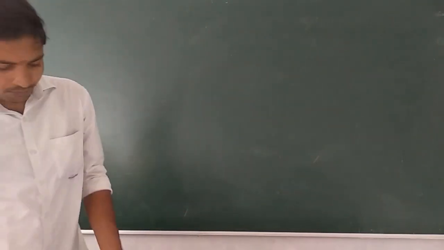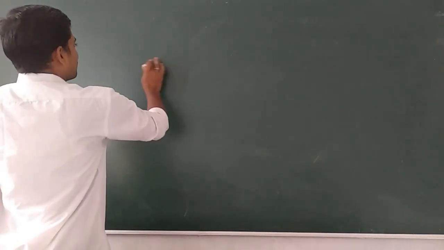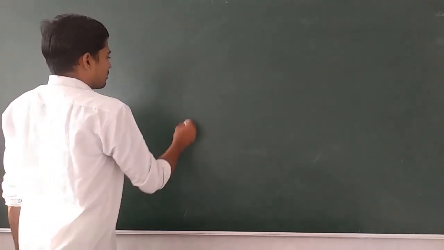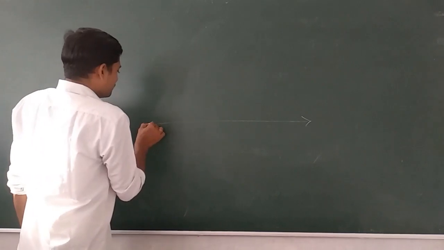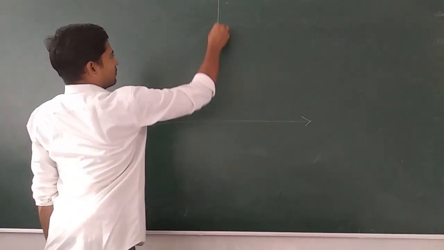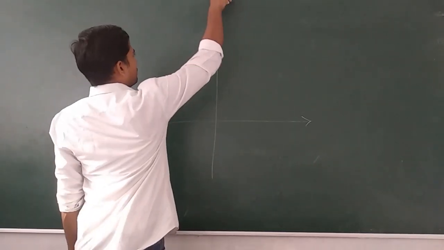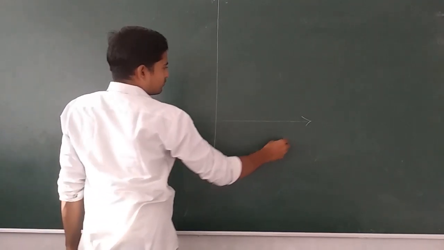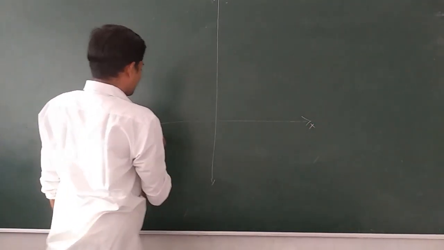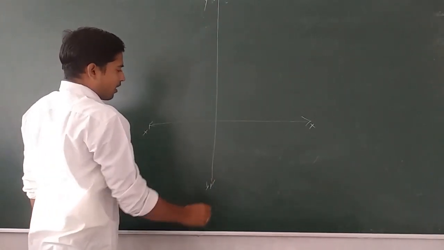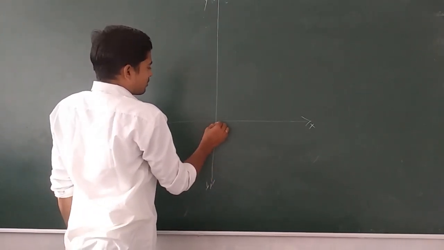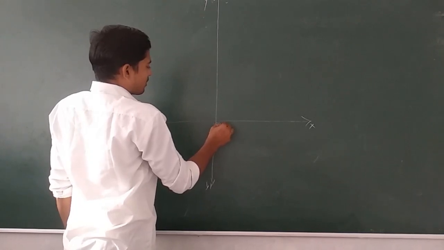See, suppose I'm taking here the coordinate axes, x, x dash, y, y dash. 0, comma 0 is the origin.